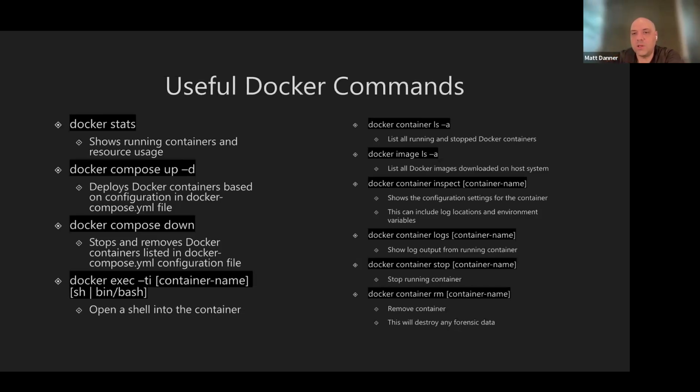If you have a running system that's running Docker and you're trying to figure out what the Docker configuration is, like how it's set up, what it's currently deployed, you can get a list of running containers and then inspect each container, and it gives you a JSON output of the exact configuration of the container, including things like mount locations and configuration files and basically all the typical forensic stuff we would want to know to understand how a container is constructed and what it's doing.